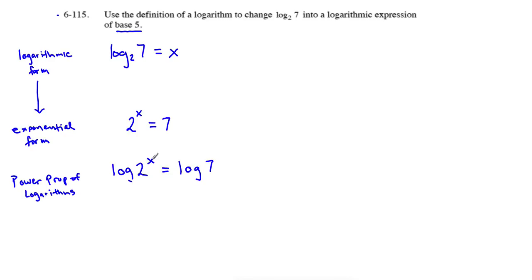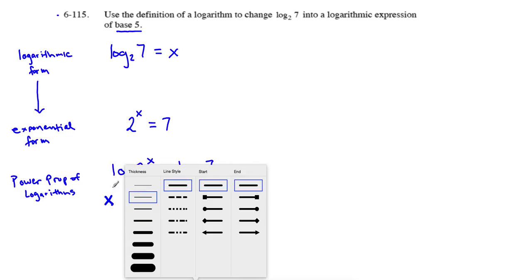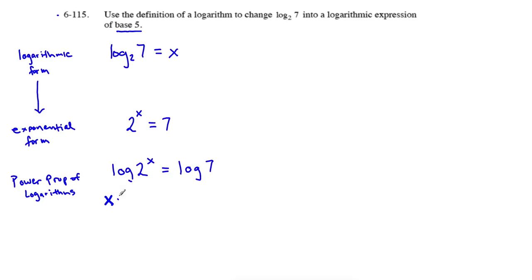remember, this x is going to end up being out in front, and we're going to have x is going to equal log, not equal, holy cow, get a grip. That's going to bother me. So here we go. We're going to have x times log of 2 equals the log of 7.